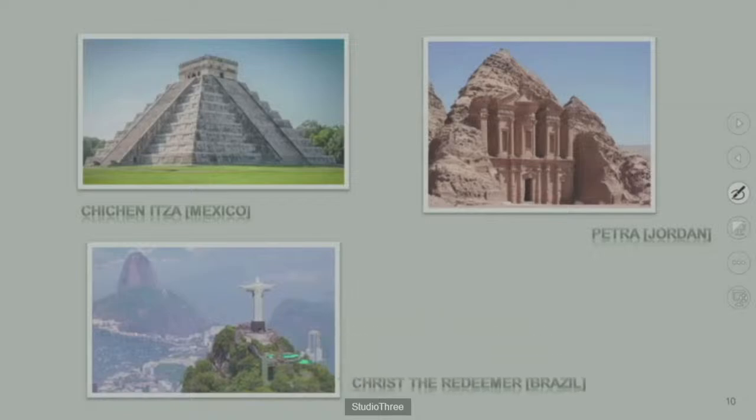Yeah, the seventh number world wonder, seven wonder, that is Christ the Redeemer. It is in Brazil. You know, friends, in Standard 10 in geography, we are studying comparatively the physiography and other features of Brazil and India. I think you are studying it in your geography textbook. Am I right? Next.